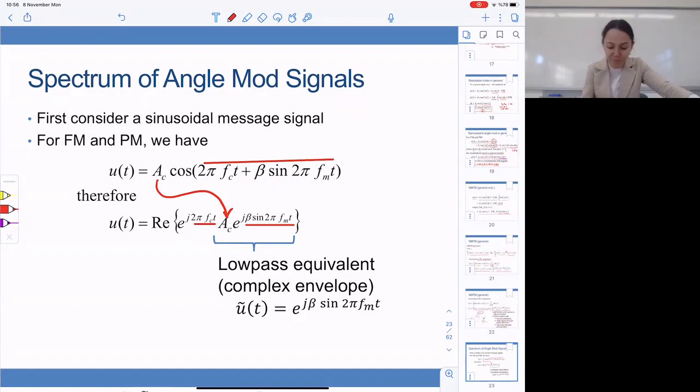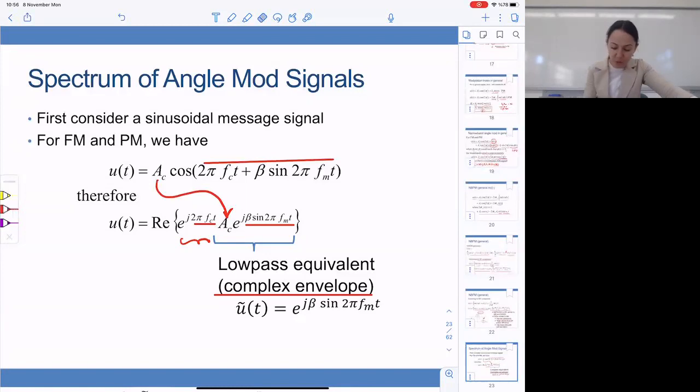It's real anyway. The reason we grouped it with the e to the j beta sine 2 pi fm t is that we will call this the complex envelope of the signal. The other term is coming from the carrier, and this is coming from the message itself.